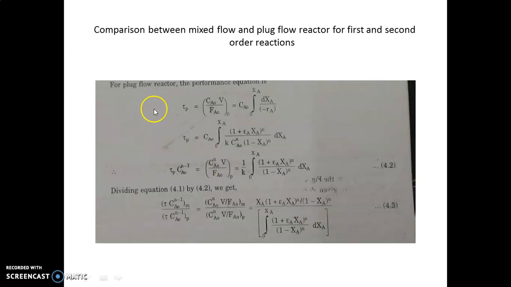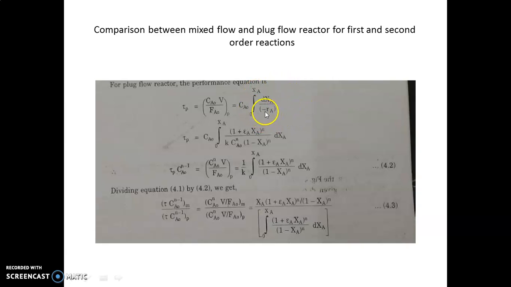Then you have to write the performance equation for the plug flow reactor. So tau p represents the space time for the plug flow reactor, and this is the design equation for a plug flow reactor.